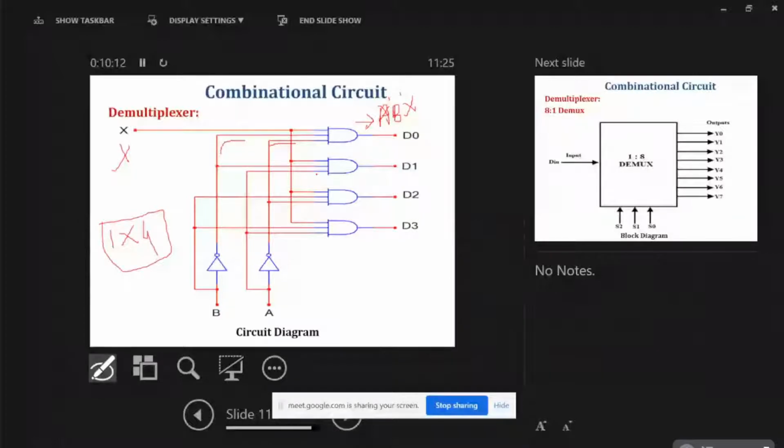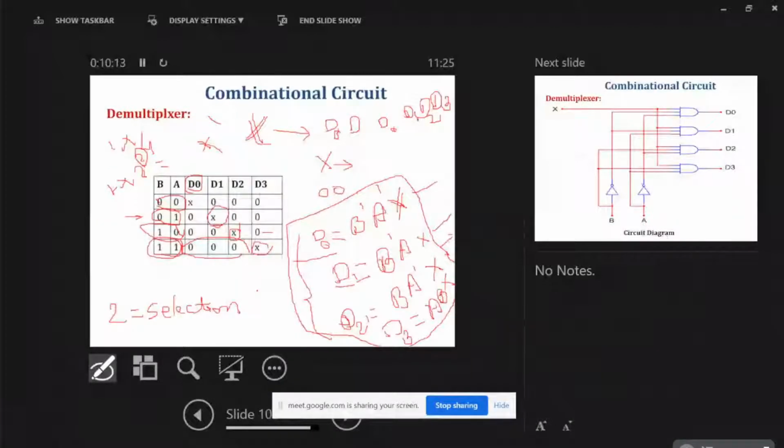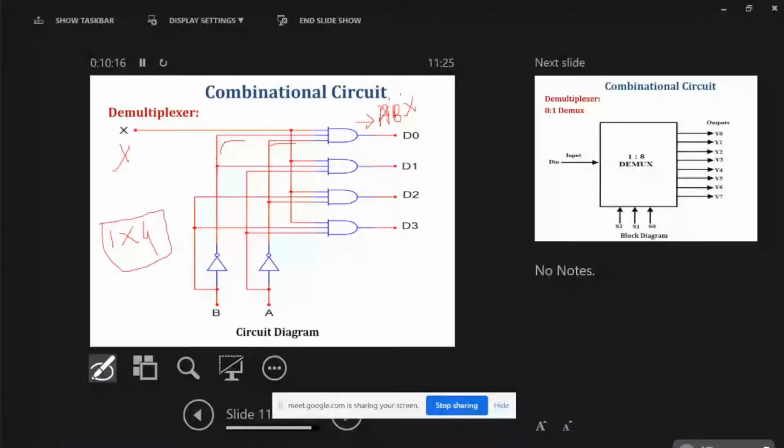It is B' A X. Here B' A and X, so it is B' A X.